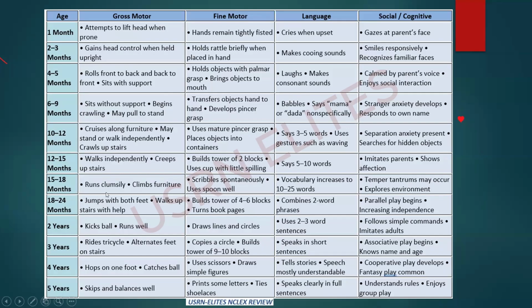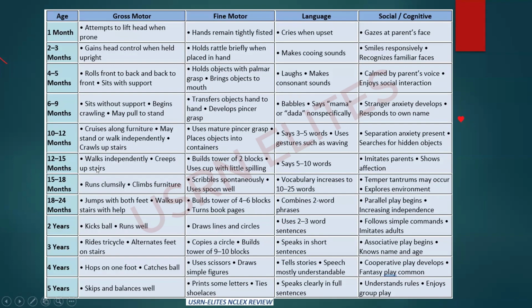If there are still some words that the child is able to say and has not necessarily reached 25, they will still give the baby or the child time. Okay? Because if there is a delay, then it means there will be almost no words at all, or maybe one or something less than this range. So that is it. Then temper tantrums may occur and they explore their environment too. So that's all what they do.